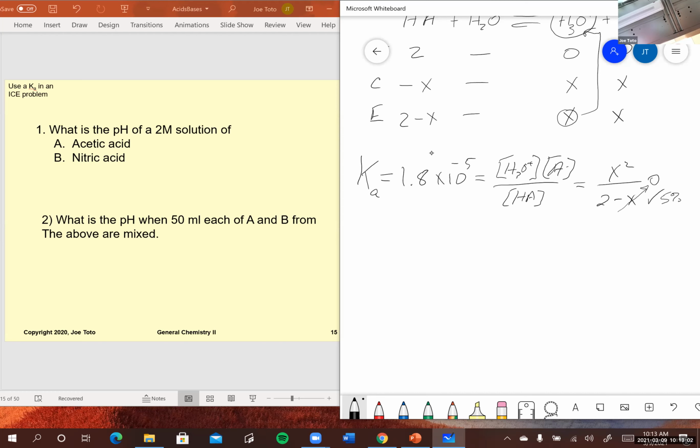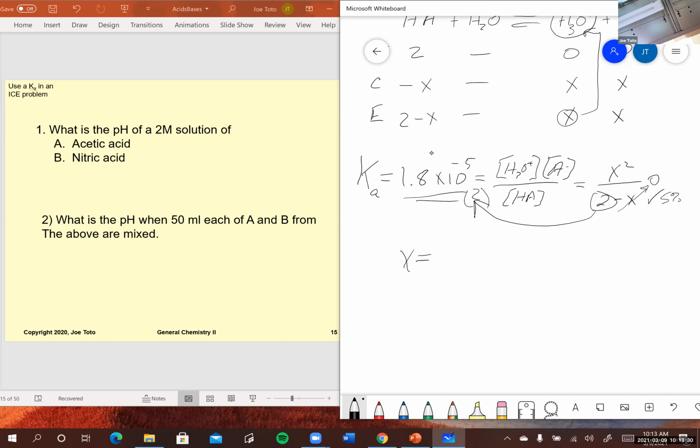So I get 1.8 times 10 to the minus fifth equals X squared over 2. So I multiply both sides by 2 and then take the square root and I get X. And you guys should try this with your calculator to make sure everything is cool and that I didn't make a mistake.